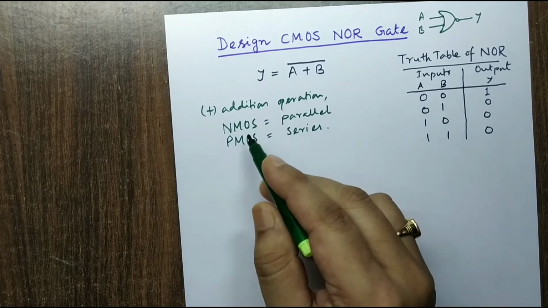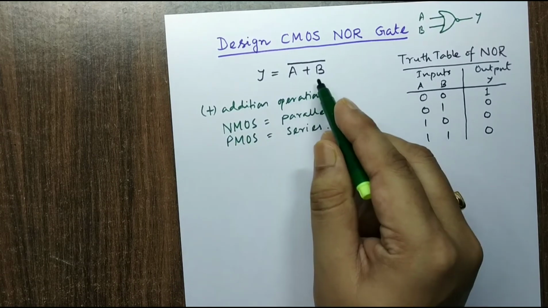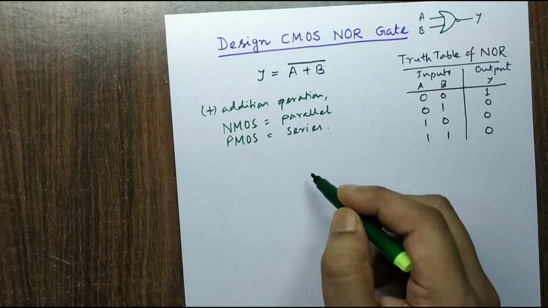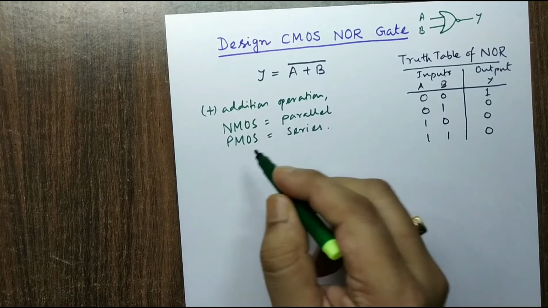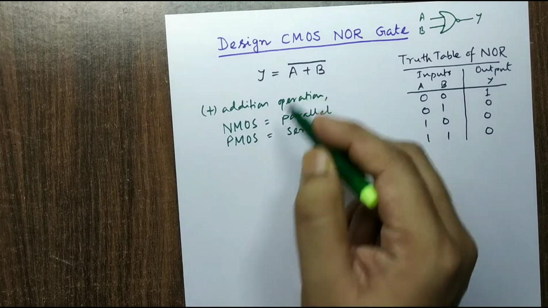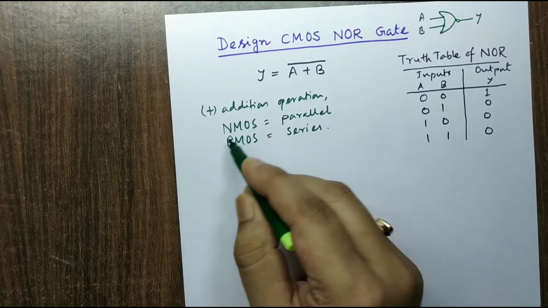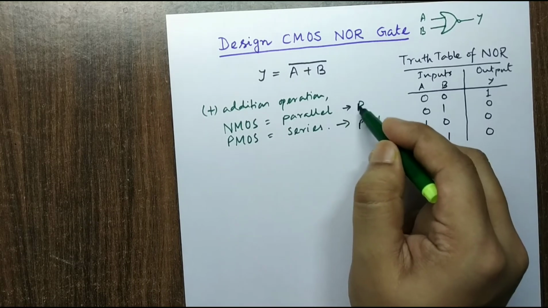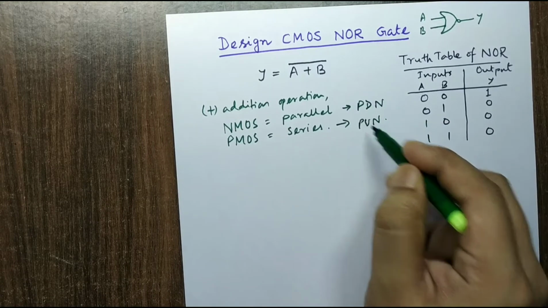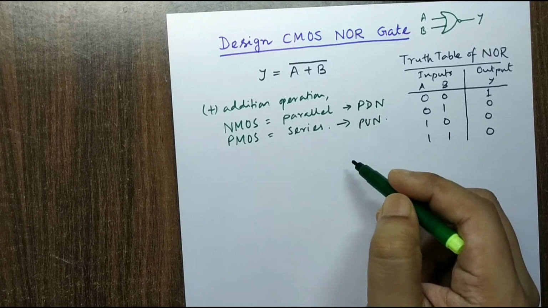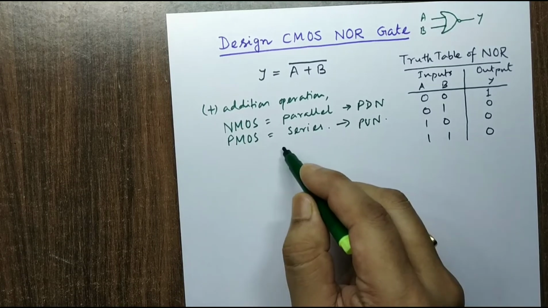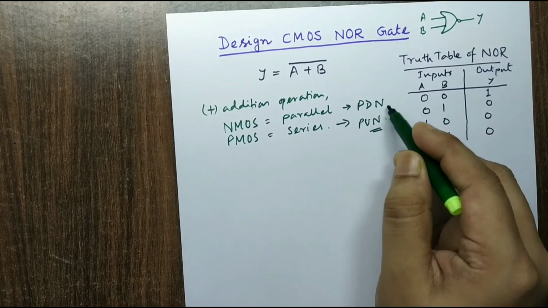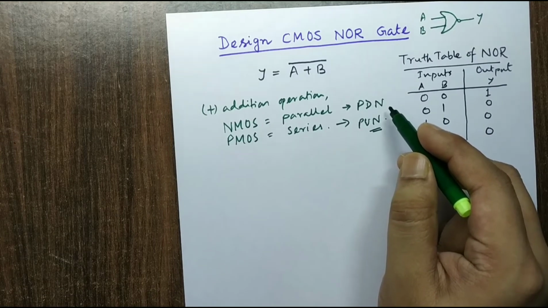For a 2 input gate, please remember there have to be 2 NMOSes and 2 PMOSes. How many PMOSes do we require to make the pull up network? The PMOSes are connected in the pull up network and the NMOSes in the pull down network. Why? As I told you earlier, PMOSes can pass logic 1 very easily, and the pull down network can pass logic 0 very easily.